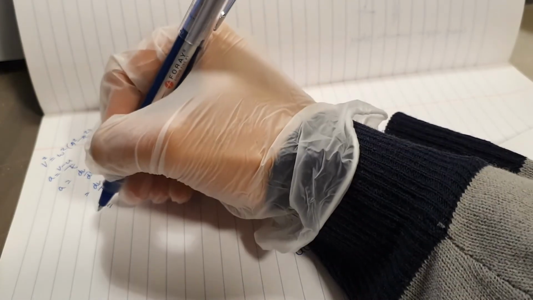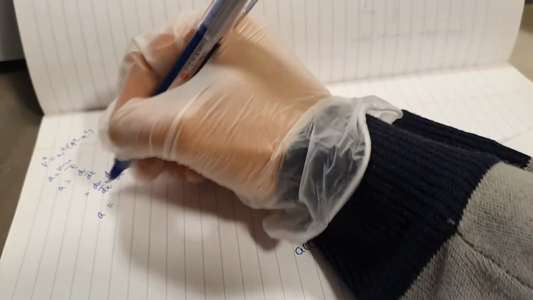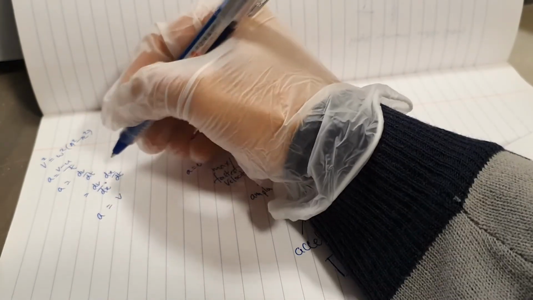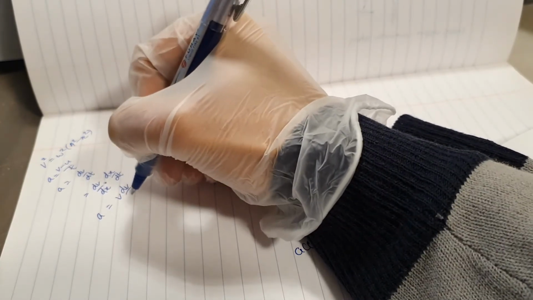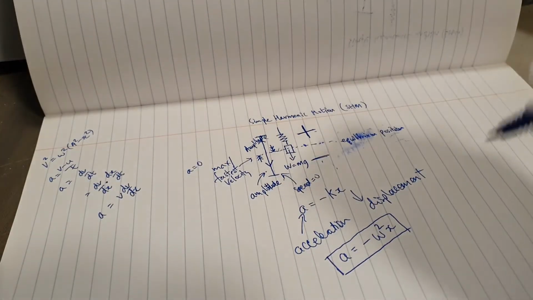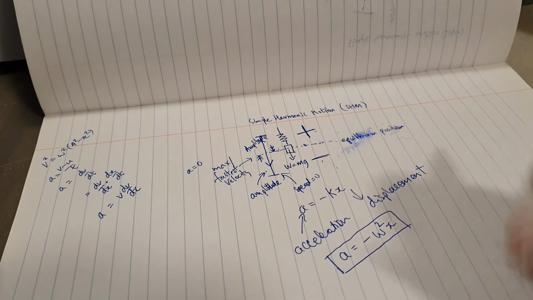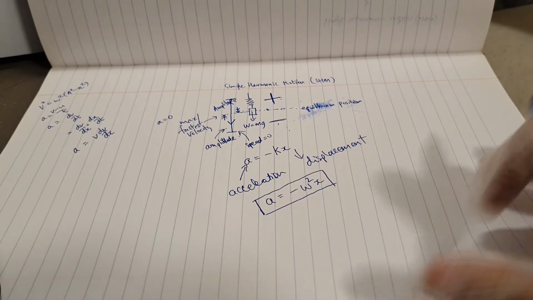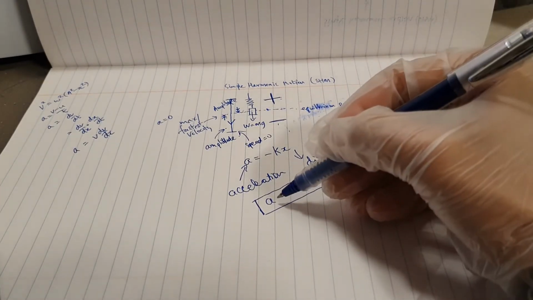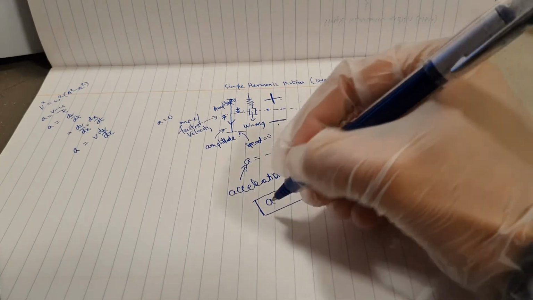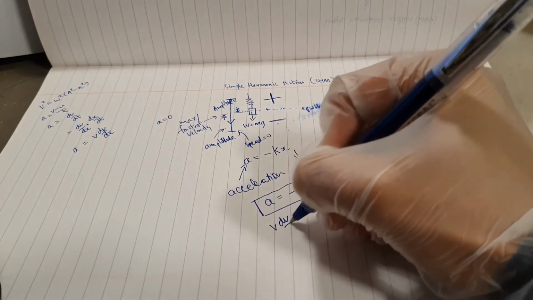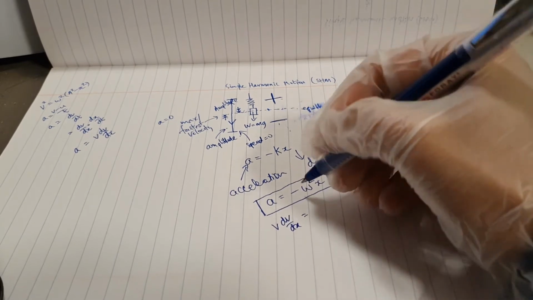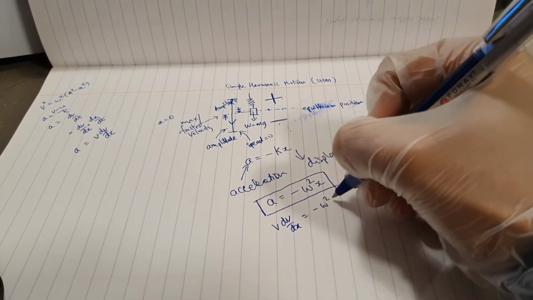So we can say that a is equal to, I'm just going to swap them around, v dv by dx. Alright, so now we can rewrite a as v dv by dx is equal to minus omega squared x.